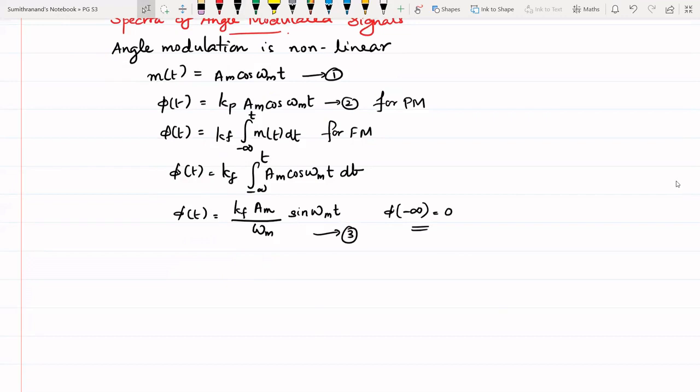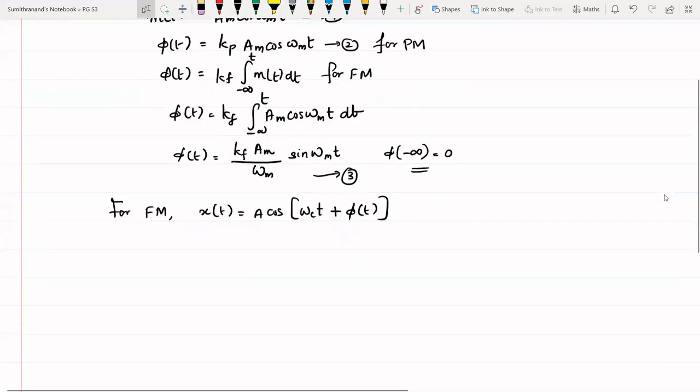Therefore, for FM, the modulated signal can be written as x of t is equal to A cos of omega c t plus phi of t, and that phi of t is replaced by this equation.